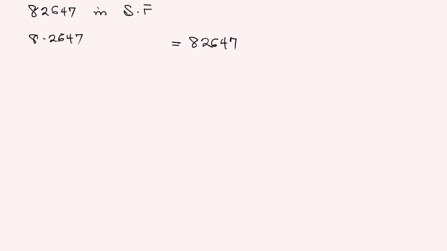I'm sure we're familiar with how we do this now. And we need to multiply that by 1, 2, 3, 4, that is 10,000, to get 82,647. And so that's 8.2647 times 10 raised to the power 4. And that's that.